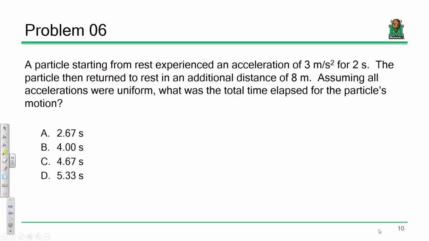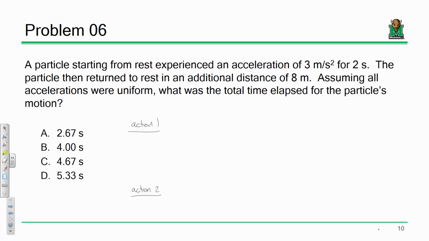The way that I handle this is I look at this as if there were 2 problems: motion number 1, or action number 1, whatever you want to call it, and then action 2. Let's look at action number 1.